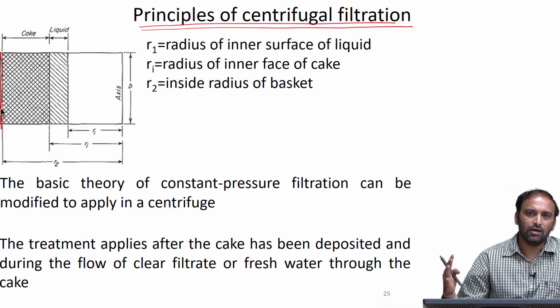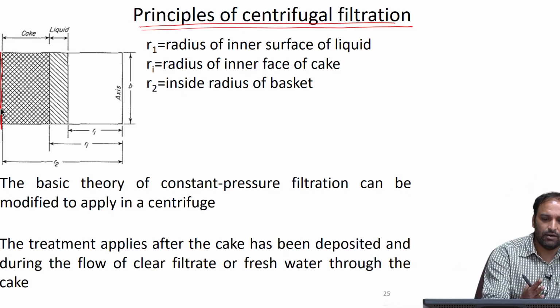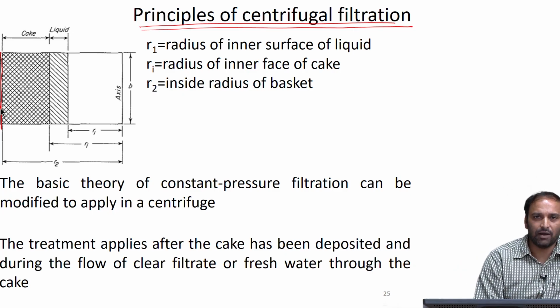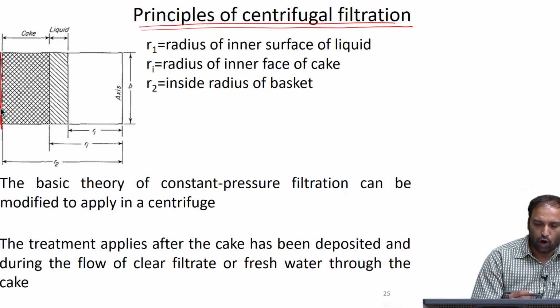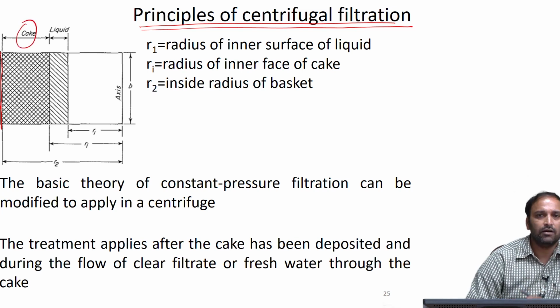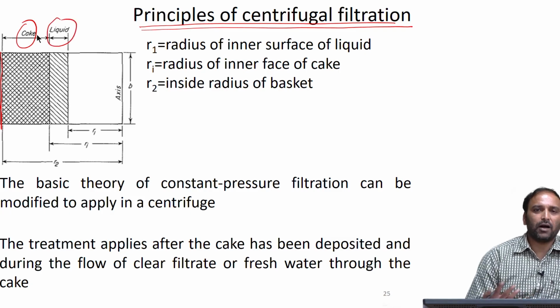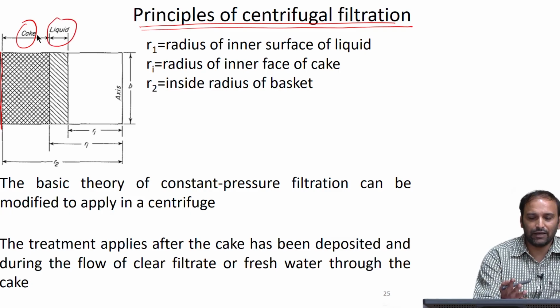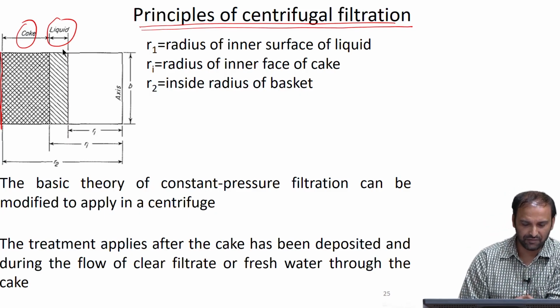the slurry is forced to come in contact with the filter medium, and the solids get deposited onto the filter medium, leading to the formation of a filter cake. And of course, you would have a liquid with the particles in the inner region of the centrifugal filtration setup.